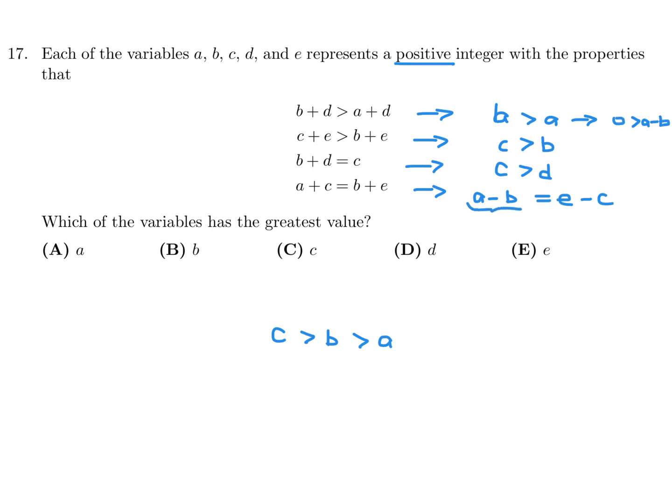So if that is less than 0, E minus C is less than 0, that means E is less than C. So C is greater than E as well. So C is greater than B, A, E, and it's also greater than D. So it's greater than everything, so therefore C is the greatest.